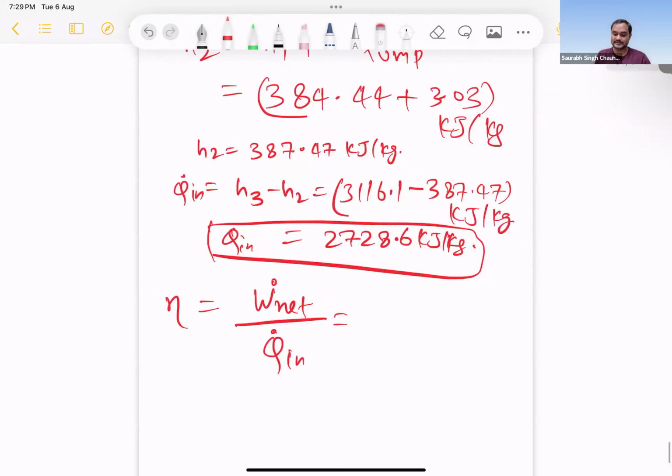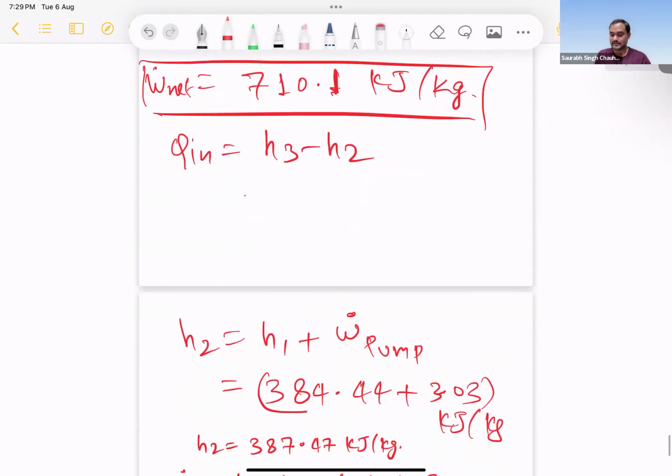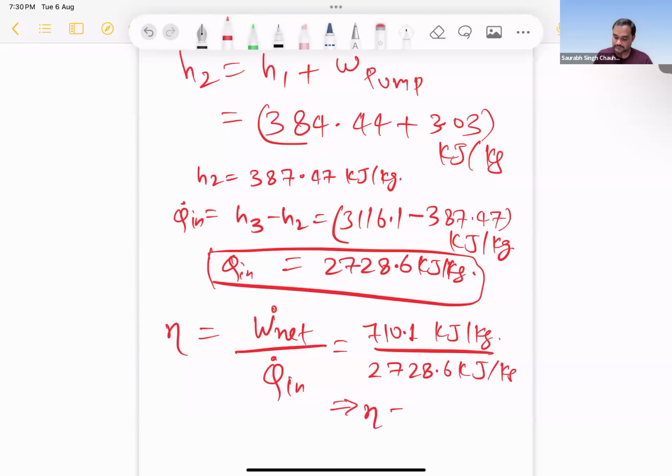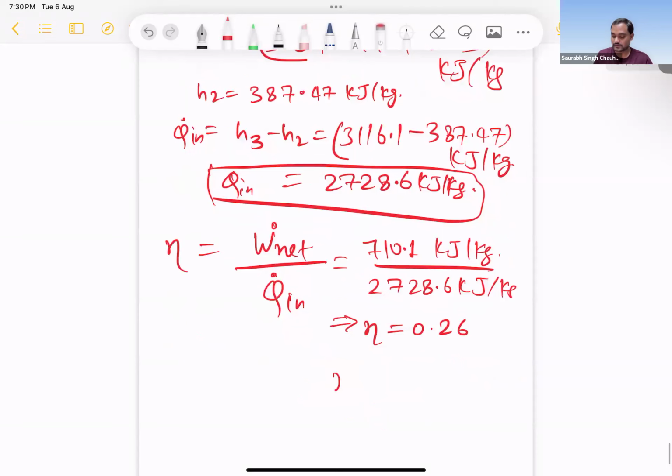What is net work output? 710 divided by 2728.6 kilojoule per kg. So how much is it coming? It is coming 0.26, or 26%.